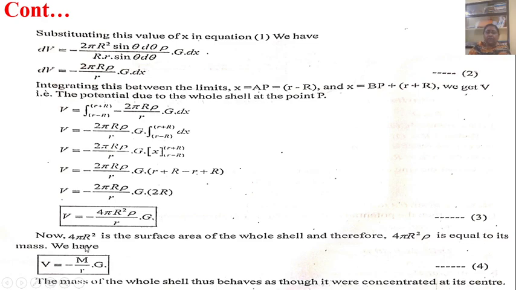Here 4 pi R square is the surface area of the whole shell, and therefore 4 pi R square rho is equal to its mass. So V equals minus M upon r into g, and the mass of the whole shell thus behaves as though it were concentrated at its center.